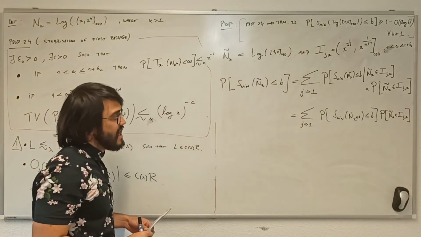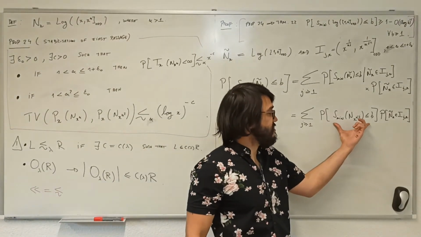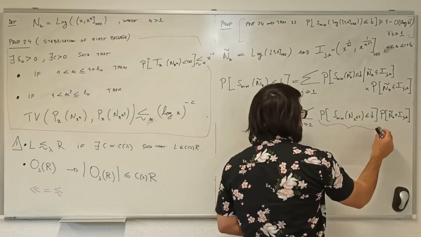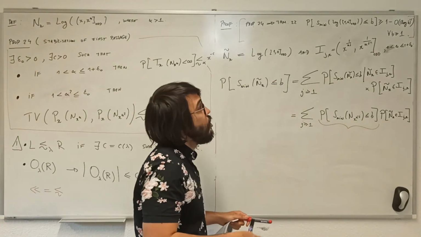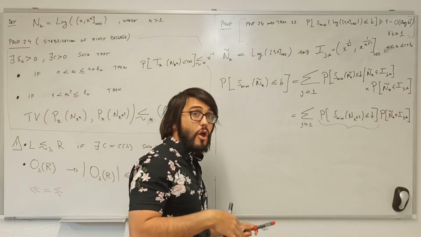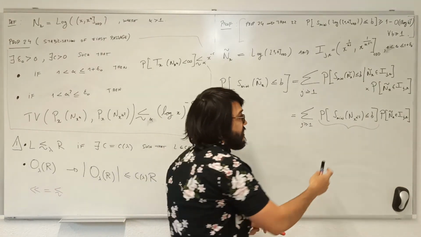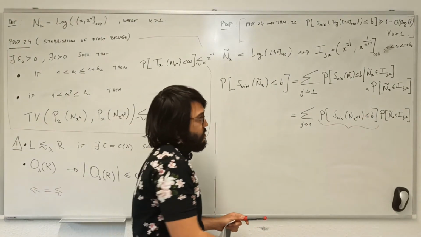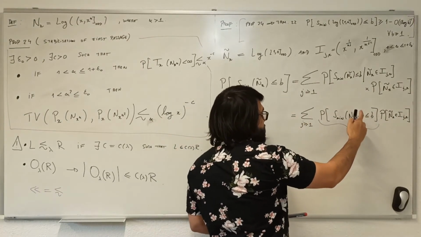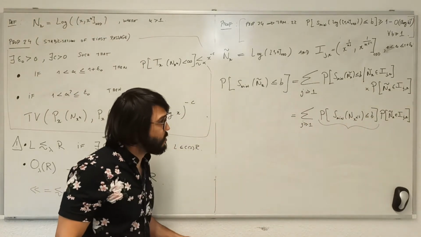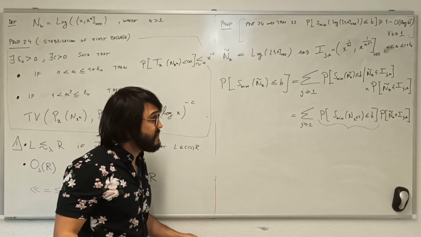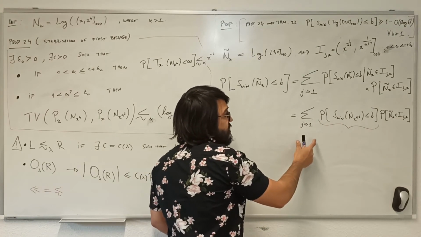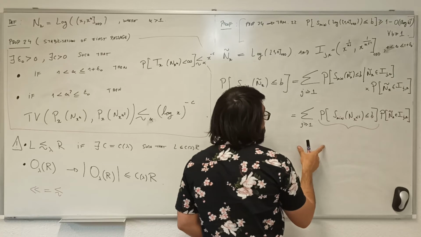So if I can bound these guys from below by 1 minus O of log b, and that O is independent of x, as long as j is greater or equal than 1, which will be the case because the sum will stop whenever this is less than 1, then I can extract the uniform bound out of the summation, and this summation will be 1, so you get a lower bound.